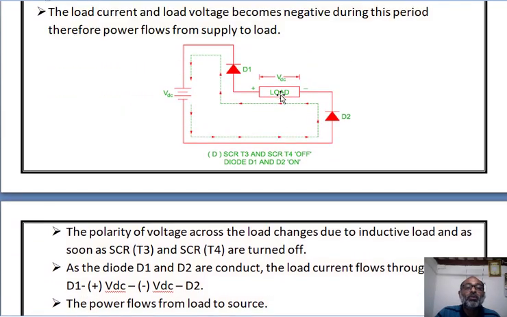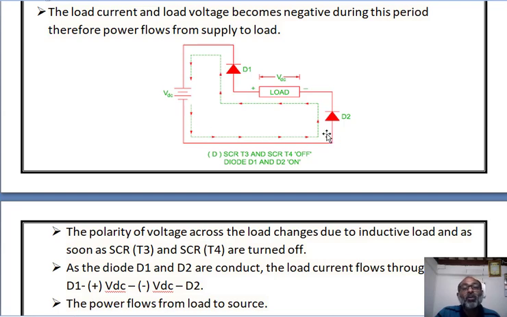Now, in the fourth mode, if SCR T3 and T4 are turned off, the polarity of the voltage across this load changes due to the inductive load. Due to this, diodes D1 and D2 conduct, and the load current flows through the path D1 to plus VDC to minus VDC to D2.